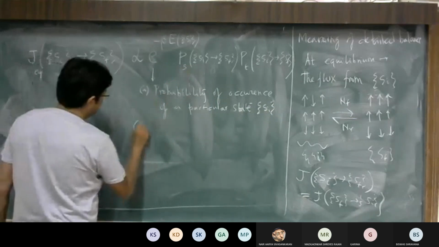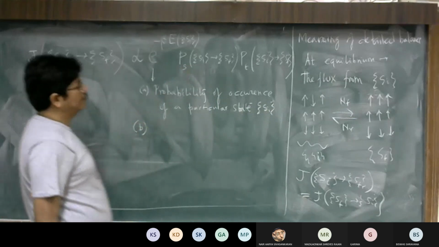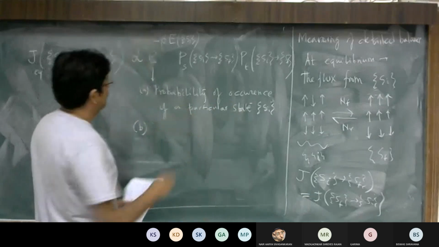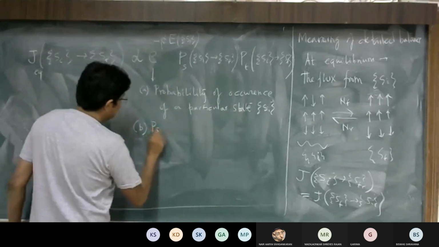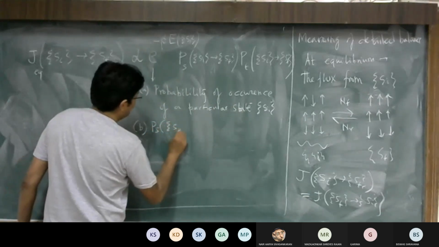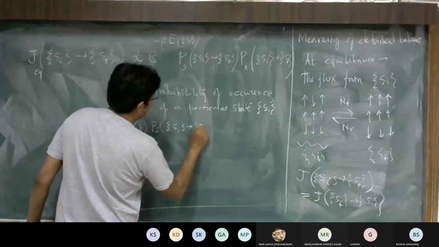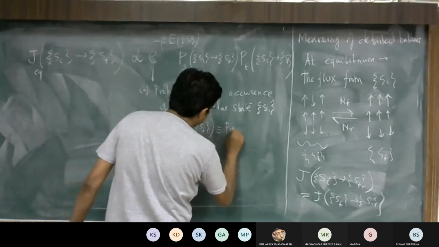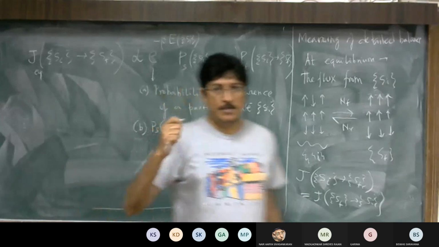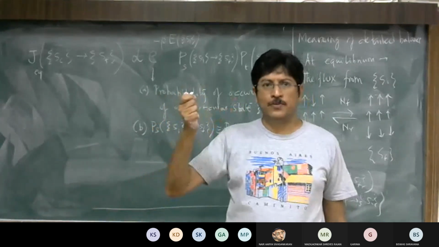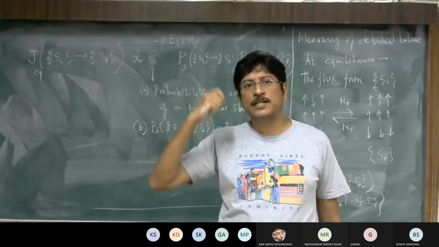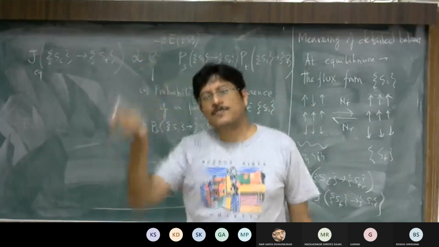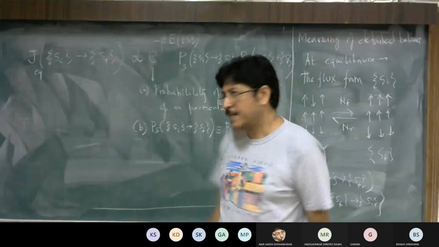Then if you look at the second term, when you are actually doing the dynamics, this is the probability of occurrence of a particular state, PS. It is basically the probability when you are choosing. Remember how we were doing the trial move: we were choosing any of the sites at random for it to transform to a particular SF site, right?